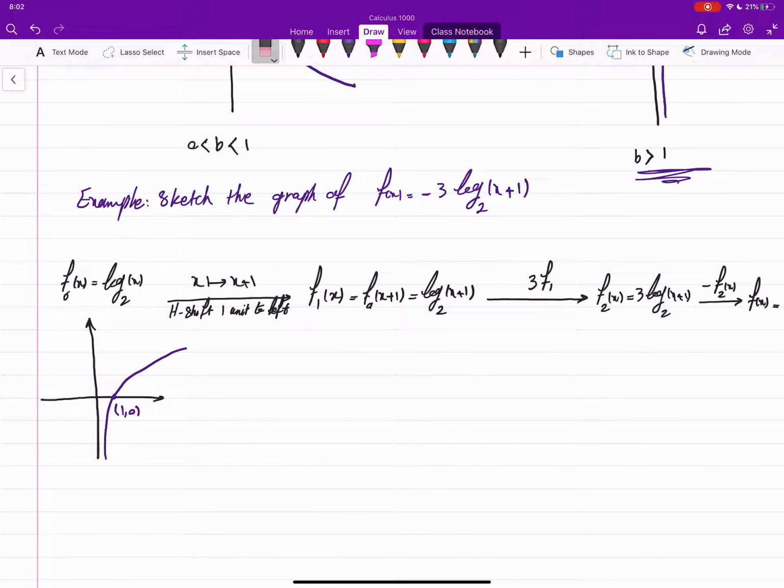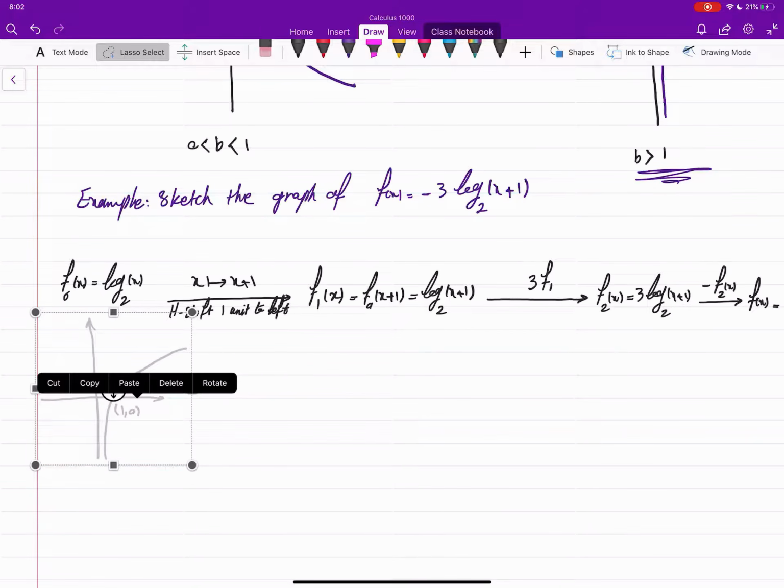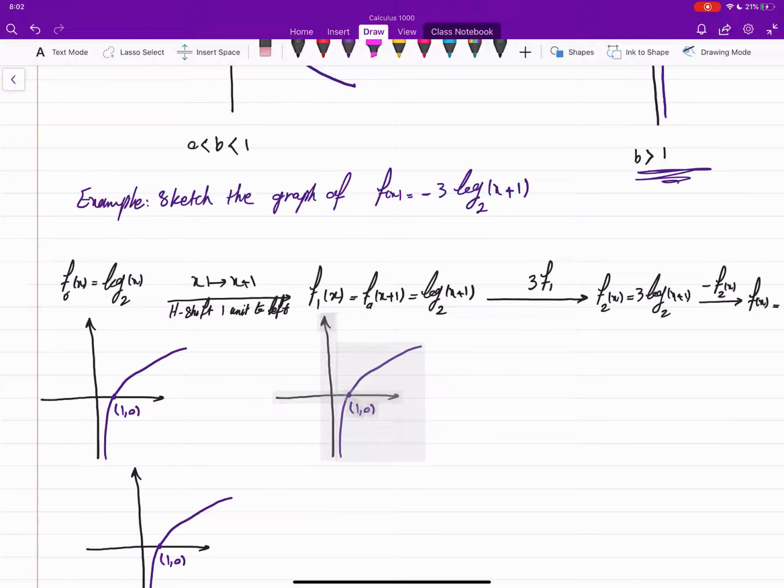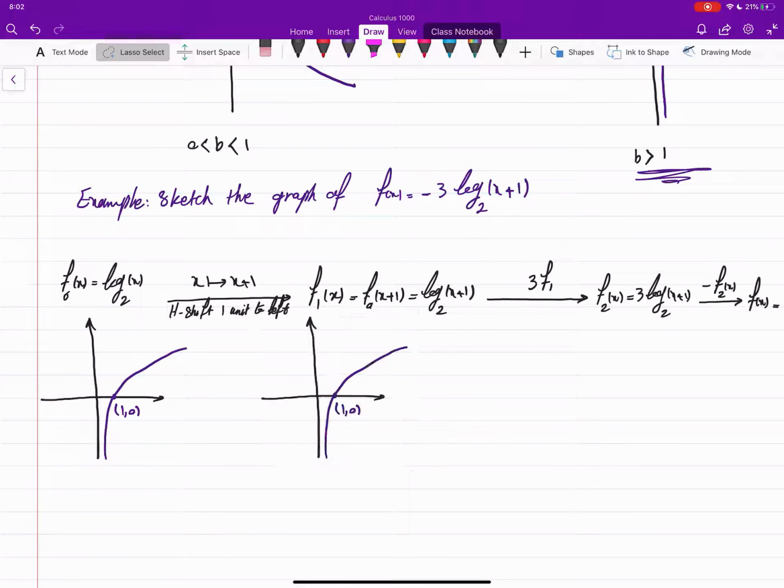So if I copy this and then paste, I can get this here and just simply choose this point and shift it 1 unit to the left. The point that before was (1, 0) now will turn into (0, 0). Yes, we are shifting that 1 unit to the left, and that's the first step.